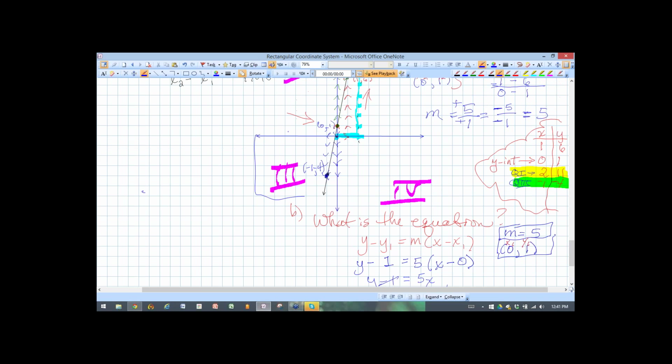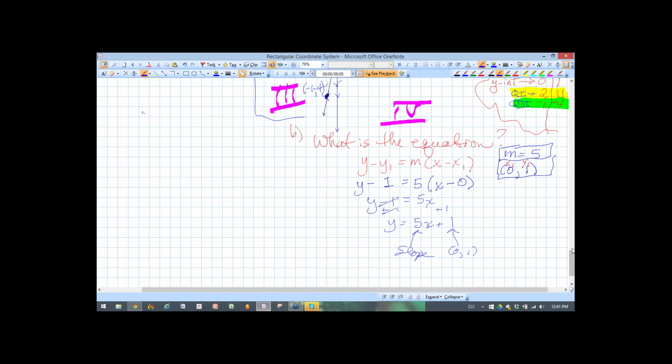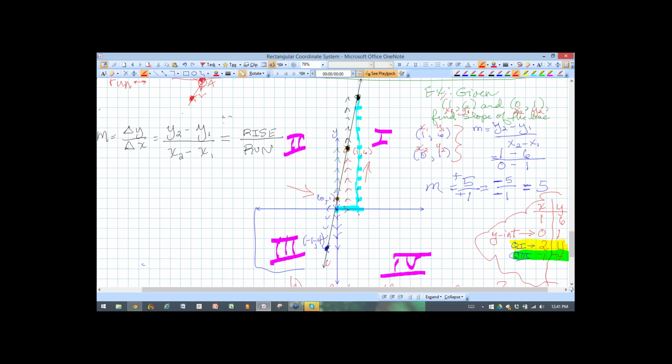So what you can do, guys, is go to the graph where we graphed this. Let me get my red pen. We can take this equation we just found, y is equal to 5x plus 1, and label the graph with it, right at the end by one of the arrows.